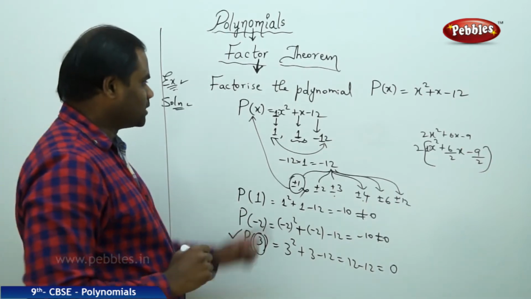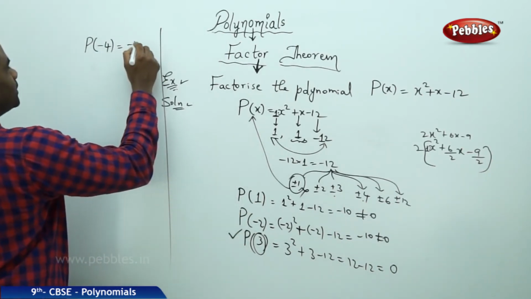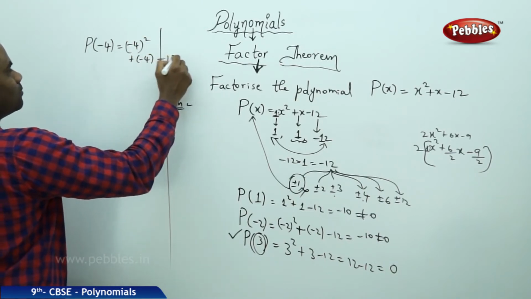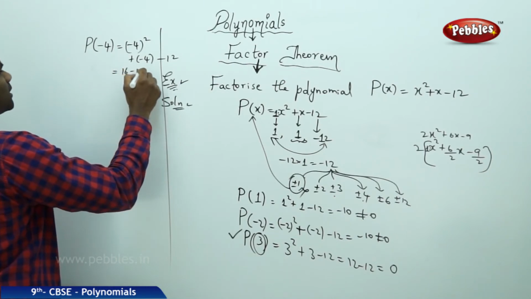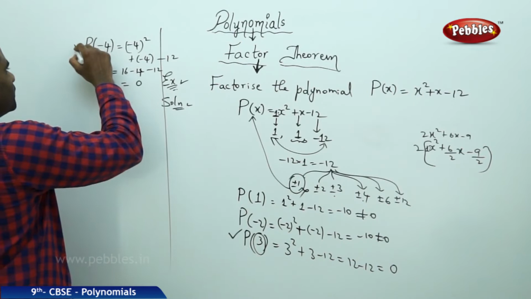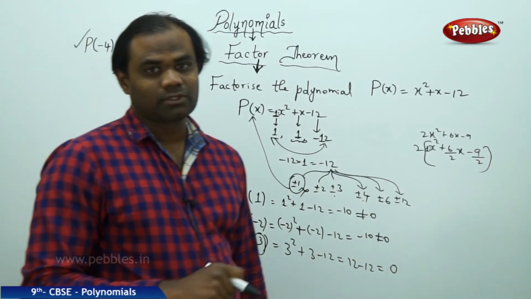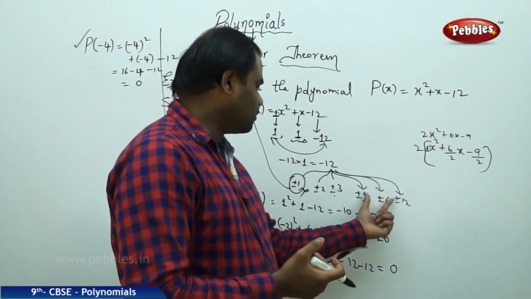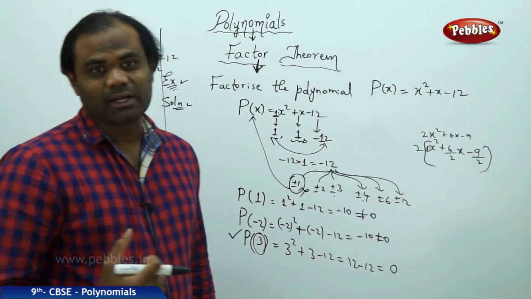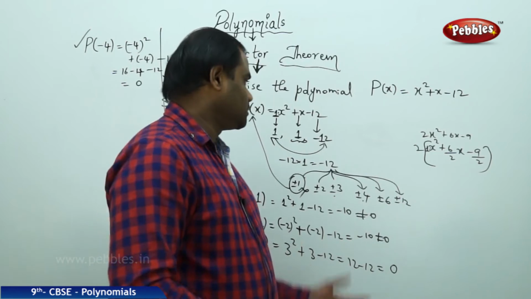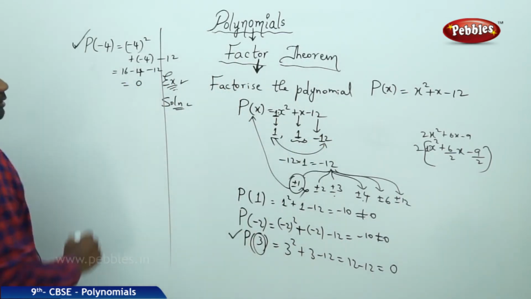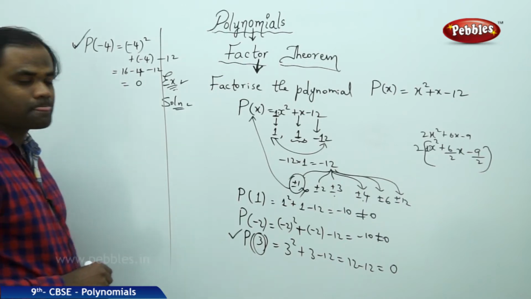When I pick minus 4, I get minus 4 whole squared plus minus 4 minus 12. 16 minus 4 minus 12 is 0, and therefore even minus 4 is picked. And so forth. Randomly we go with each of the values 6, minus 6, 12, minus 12, and then pick the zeros. For this polynomial, the zeros are 3 and minus 4.